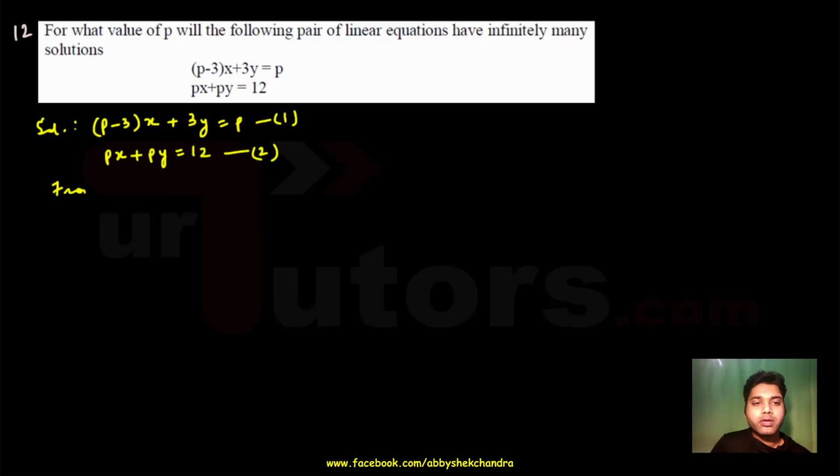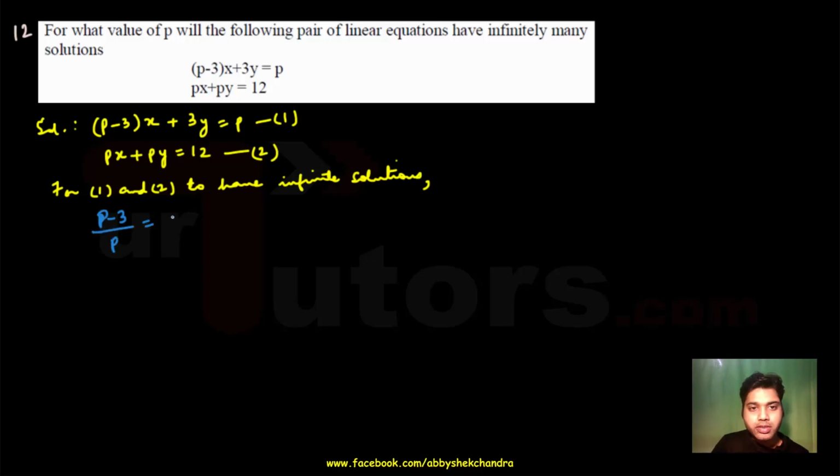Now for 1 and 2 to have infinite solutions, what is the condition? The condition is (p minus 3) by p should be equal to 3 by p should be equal to p by 12. Now let's call this as 1, this is 2, this is 3.